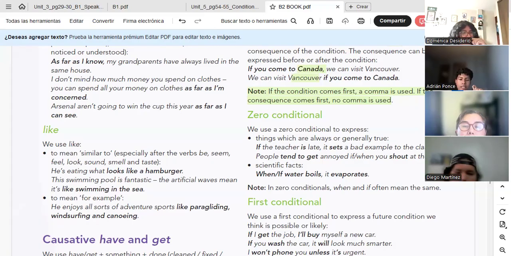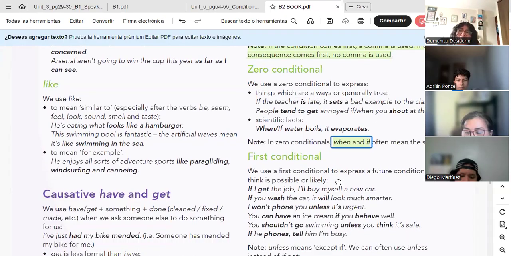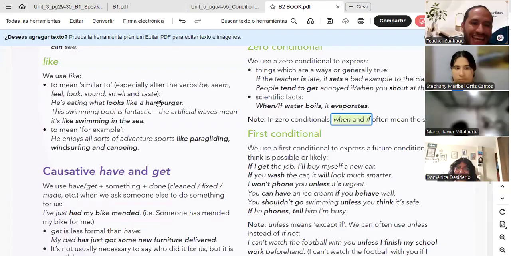Okay, so note: in zero conditionals, when and if often mean the same. So here we have another word that can replace if, when, cuando. También nos marca una condición, si o cuando. El agua hierve, se evapora. Thank you, Adrian. Domenica has microphone issues.